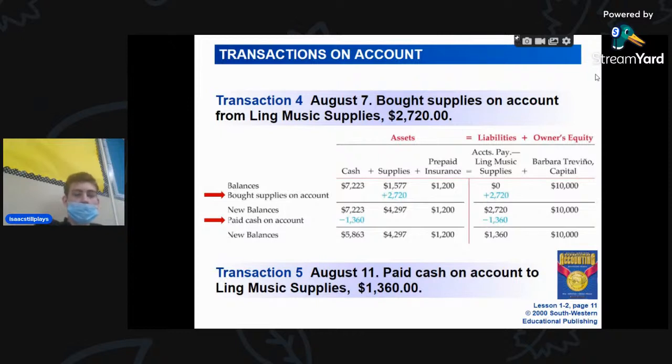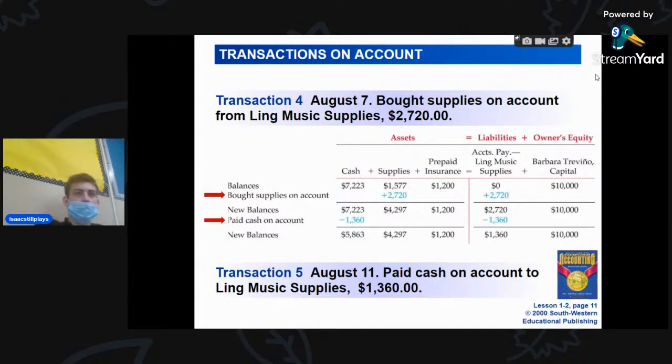But they're on opposite sides of the equal sign, so they got to do the same thing, right? Yeah. To stay equal. So do I have more or less AP? More. So I'm going to add 27.20. So now I have 27.20. And nothing happened to my capital. So I still have 10,000 in my capital. Make sense?